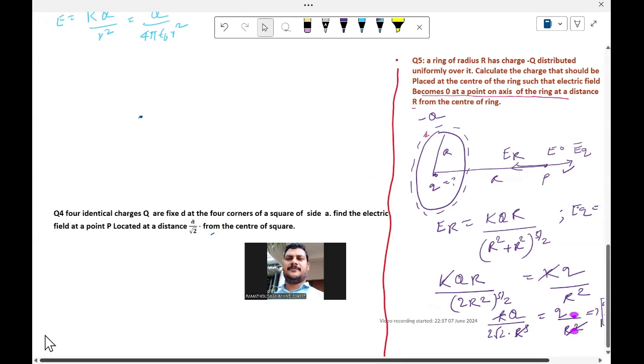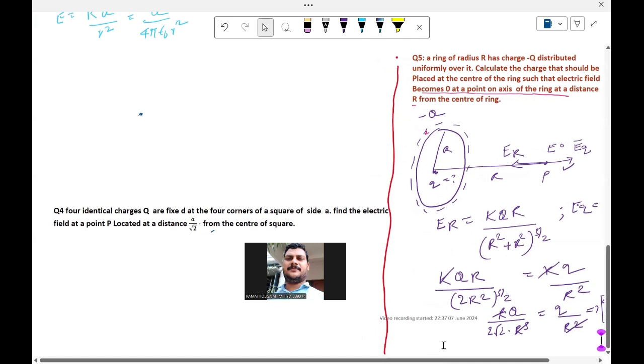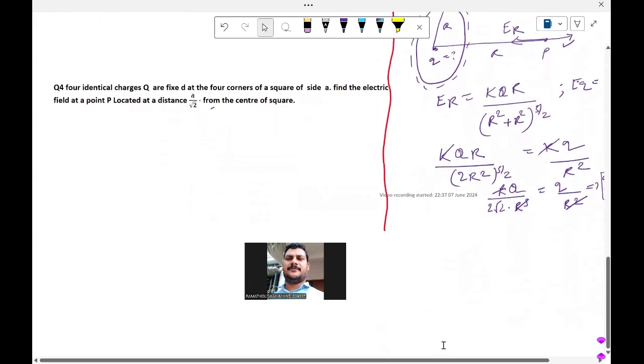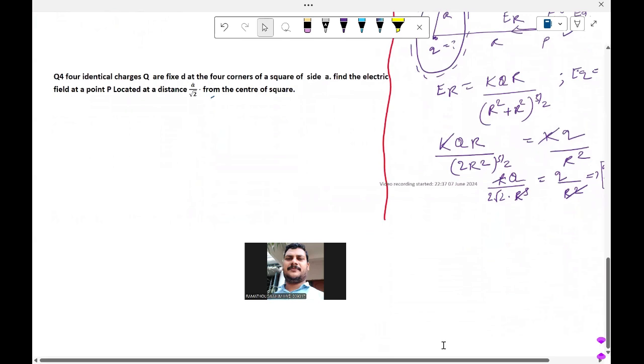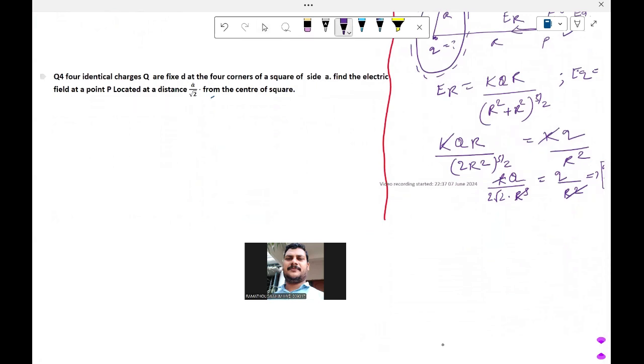Now coming to this model, this is somewhat important. Different questions will come on this model. So clearly observe here, 4 identical charges Q are placed at the corners of a square. So consider a square. Here 4 charges are there at the corners, Q, Q, Q and Q, named as 1, 2, 3, 4.